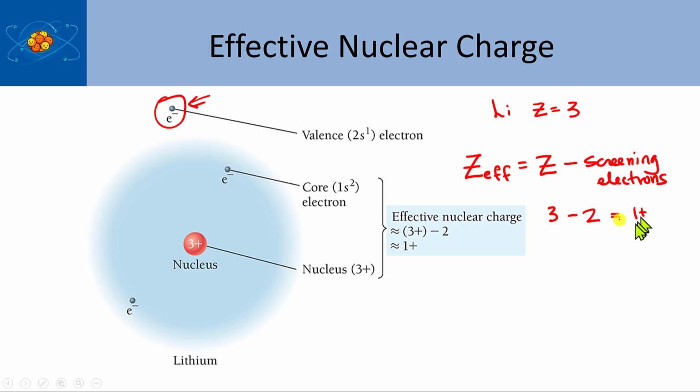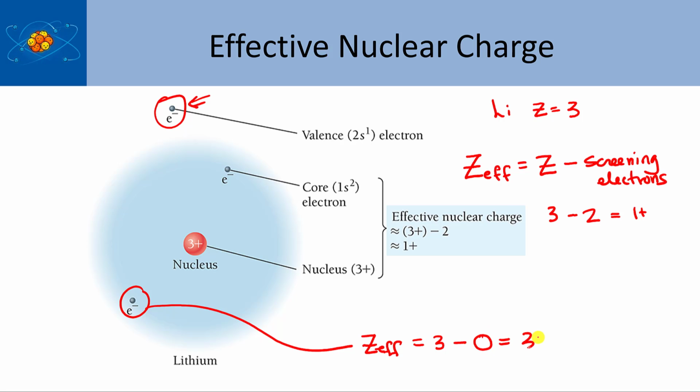Now, if you're the 1s electron, and I want Z effective for that, well, it's 3 minus, and because you're in the 1s orbital, the way we're treating this is there's no screening electrons because you're next to the nucleus, and so this would be minus 0. And so you'd have a 3 plus effective nuclear charge. So in fact, what happens to the innermost electrons with this sort of effective nuclear charge, because they don't see any screening, they actually get drawn in much more tightly than the electrons that are on the outside of the atom.